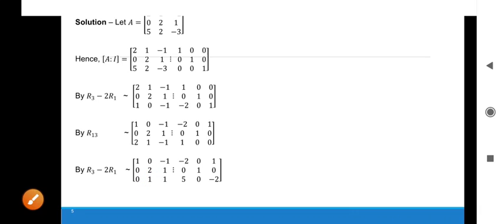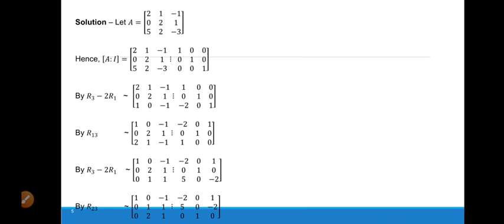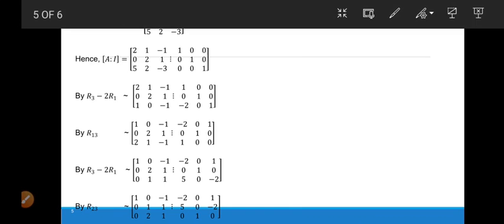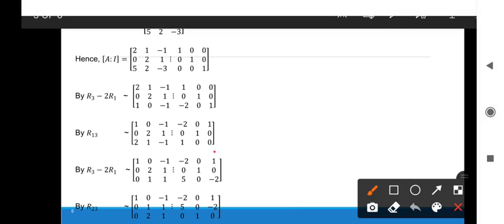So with the row operation R2 minus R3, or just by interchanging also, we can get here second row second column element as 1, or also you may try for R2 minus R3. Okay, here with row interchange I have obtained 1. At the same time the second matrix has also changed with this row operation.